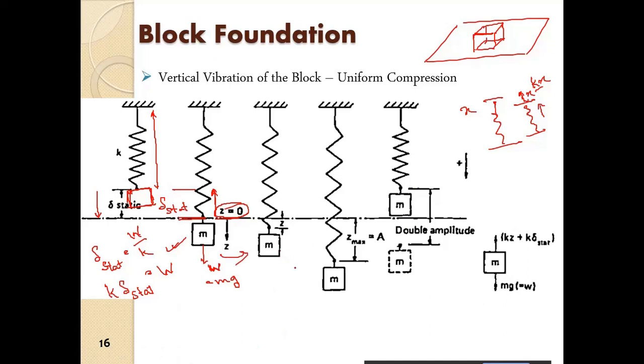So somebody holds this mass, and the person pulls the mass down to a displacement of Z max. So he pulls the mass to a distance of Z max and he releases it.